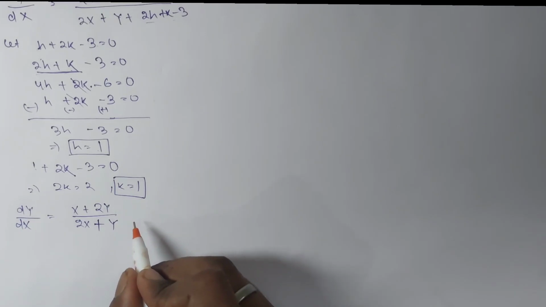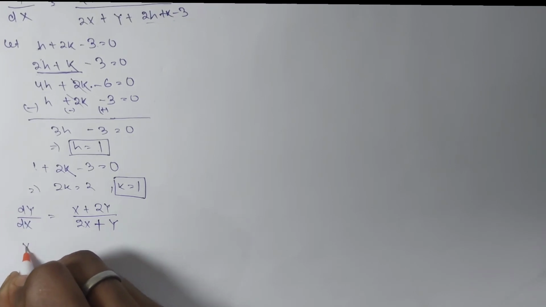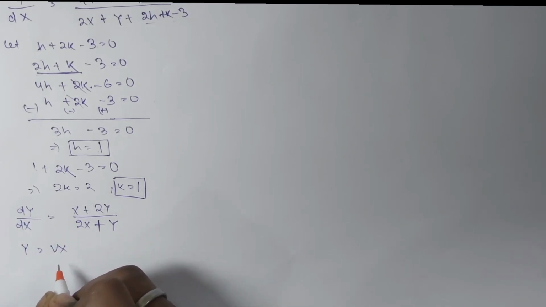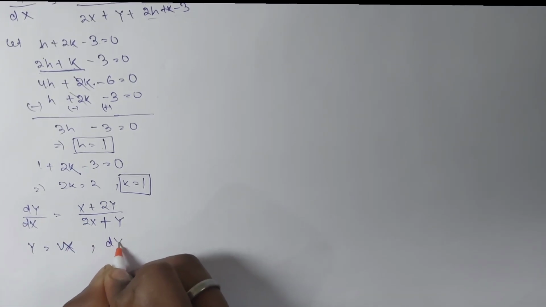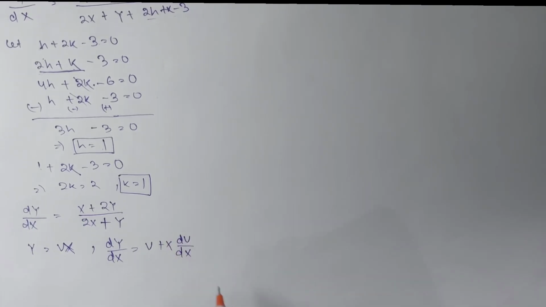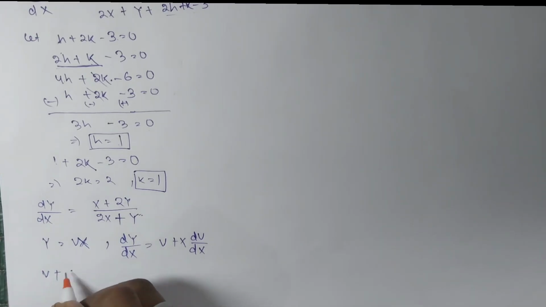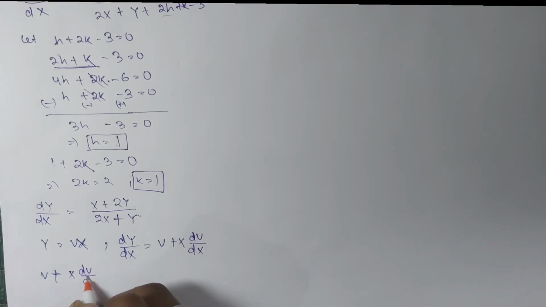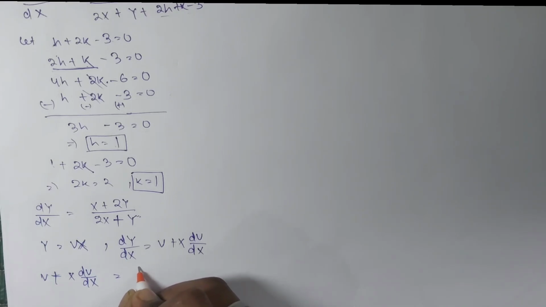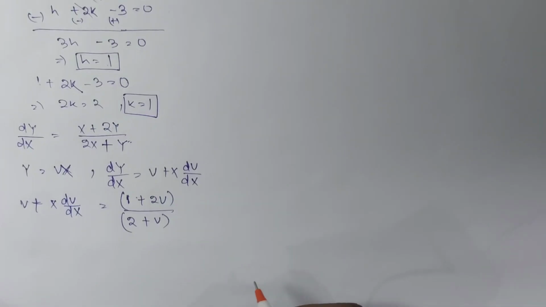Now this equation is a homogeneous differential equation. So now we can solve it by putting y equals vx, and dy by dx equals v plus x dv by dx. Put this value of dy by dx here, so we get v plus x dv by dx equals 1 plus 2v by 2 plus v, as the x terms cancel out.